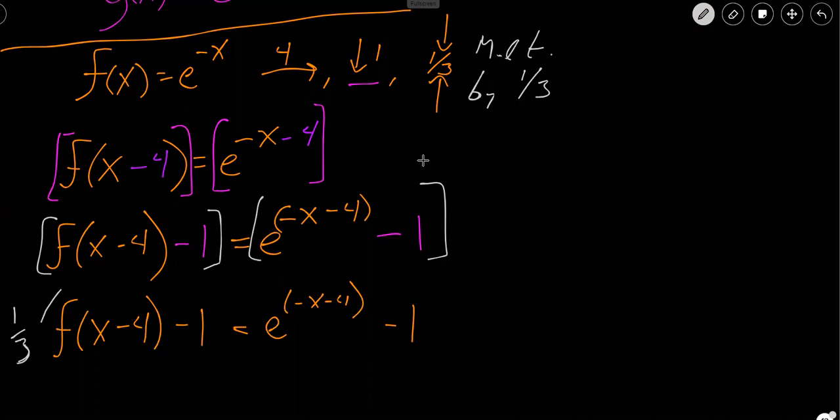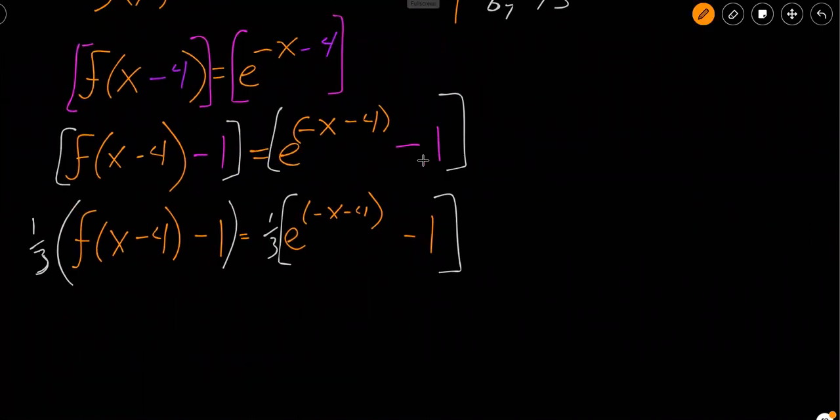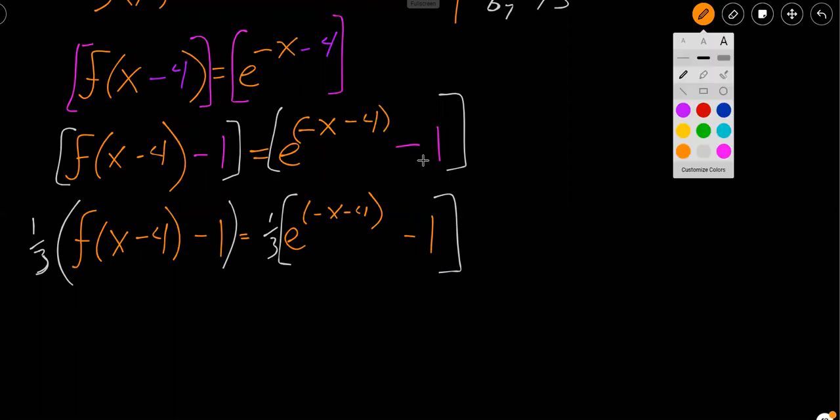This is affecting the whole function. So not just this first term, but also the second term. So I'm going to put that in parentheses. I might have to fiddle with this a little bit because I put it pretty close. But this is all in parentheses. I'm multiplying the whole thing by 1/3. So I can either leave it like this, or I can distribute through.